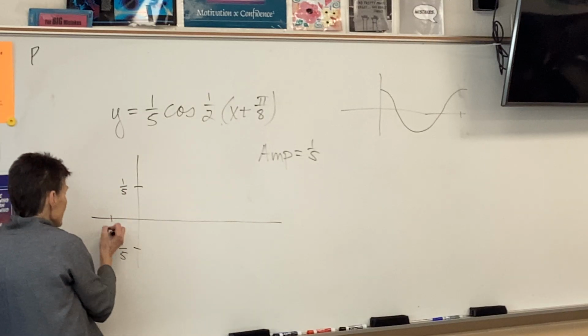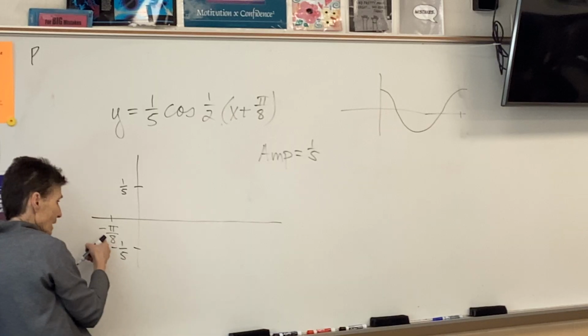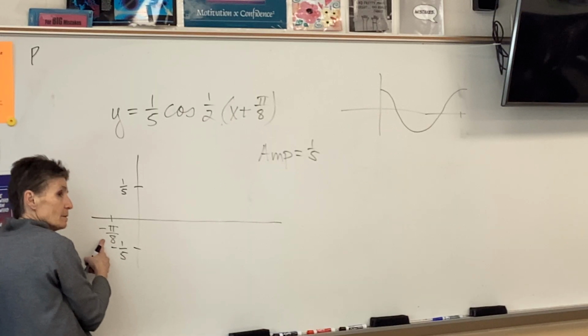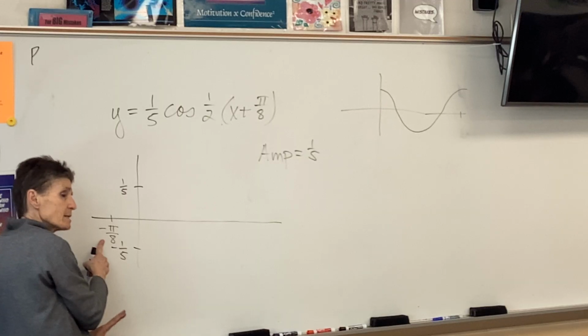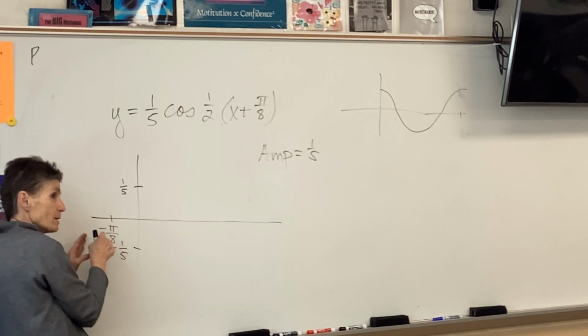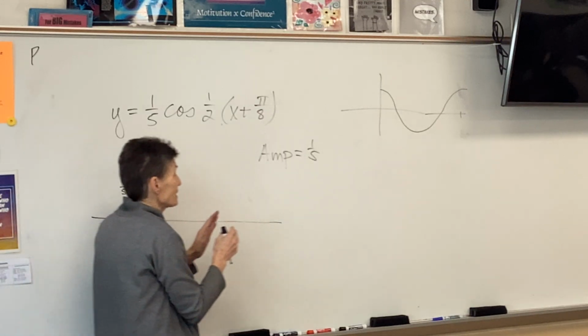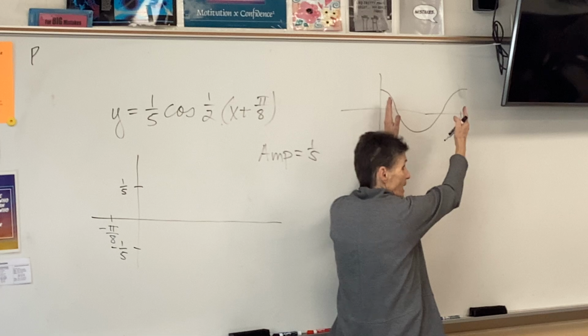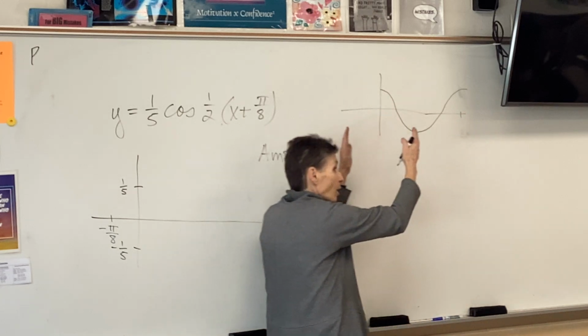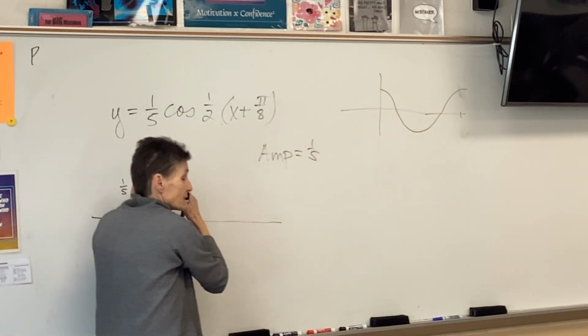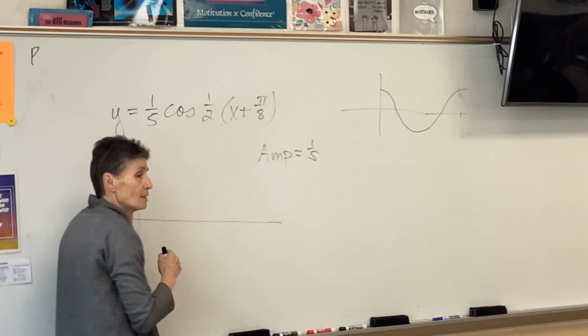Well, I'm going to put negative pi over 8 right here. Okay, there's my label, negative pi over 8. I am not going to get all hung up about using graph paper. Just label your starting point. In this case, negative pi over 8. Now, what does that mean? That means that you're taking this shape and you are shifting it left pi over 8.